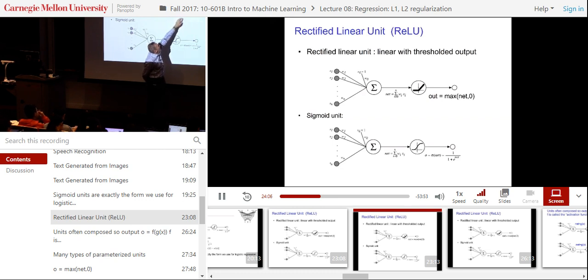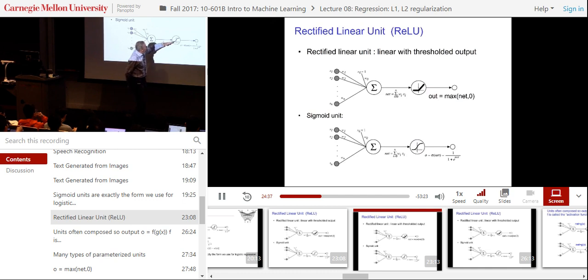If the horizontal axis here is net, that's the symbol I was using for this, then the output is either the input, or if the input is below 0, it outputs 0.